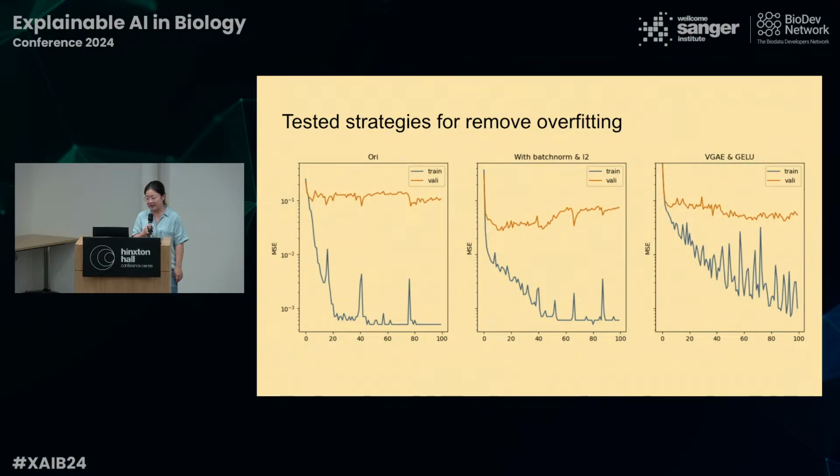And then you see it's somewhat better. Surprisingly, I think it's mainly the batch norm layer that helps, and the overall performance is also a little bit better.